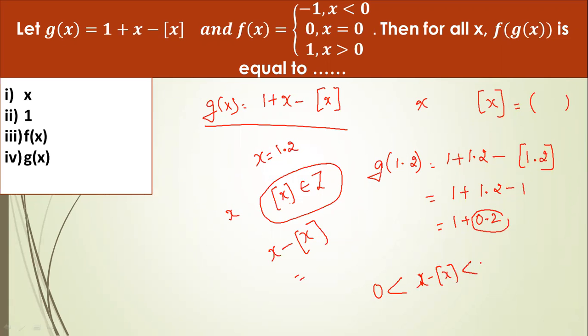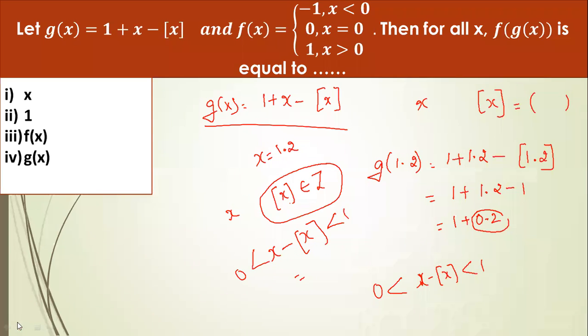When I do this, I'll get a value in between 0 and 1. Do you agree with this?